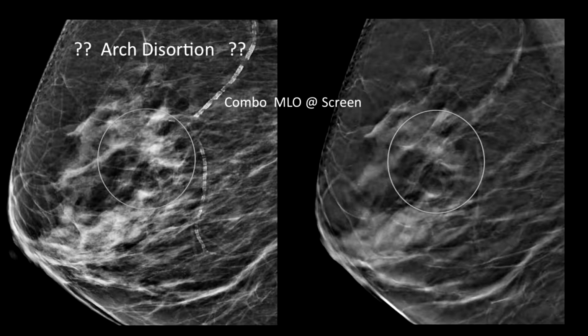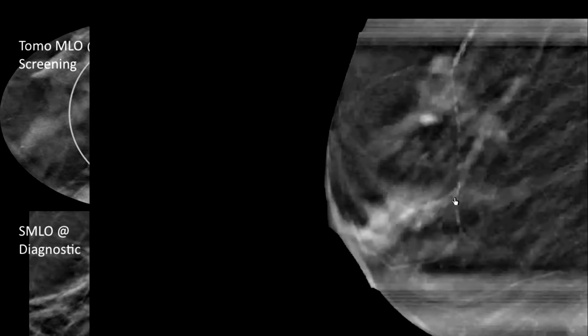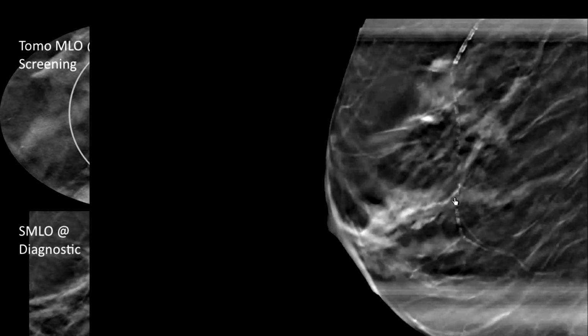So this was the 2D, the combo of the MLO and the screening. And again, this certainly looks like a radiating area of lines in a spoke wheel fashion. And boy, I hope the tomo works. Okay, so in the area we're looking at in here, the lines are coming in and they're just going straight through.